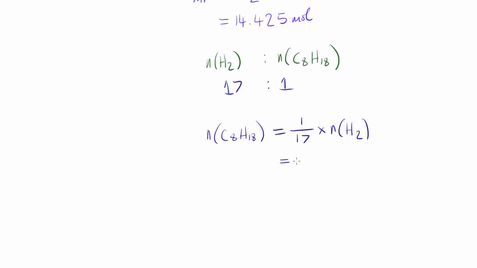So that's going to be equal to 1/17 times 14.425. This is going to give us the moles for the C₈H₁₈. If you calculate that, you should find that you get 0.8485294 moles.